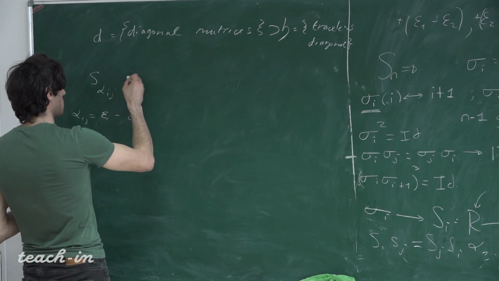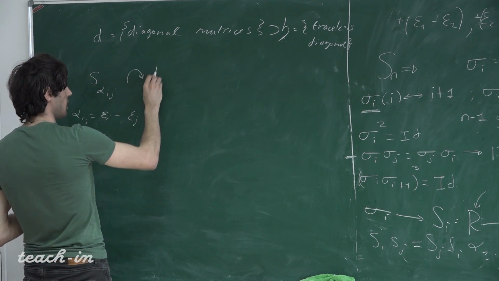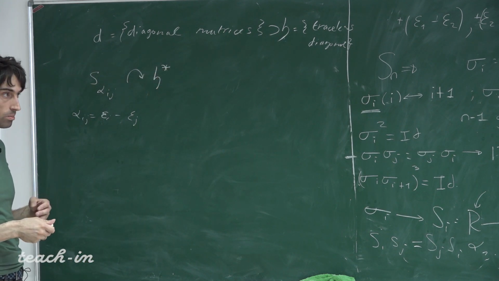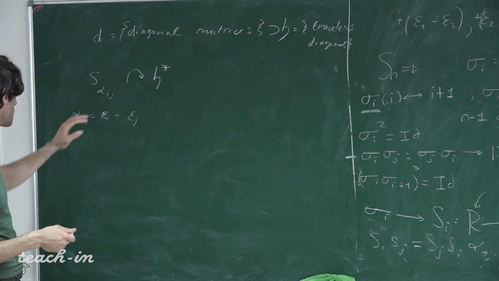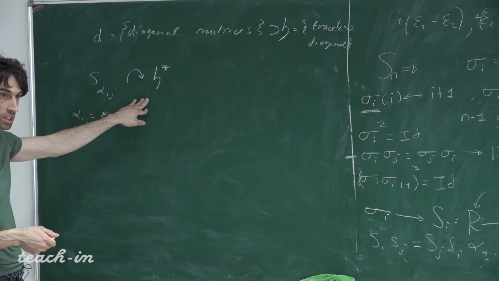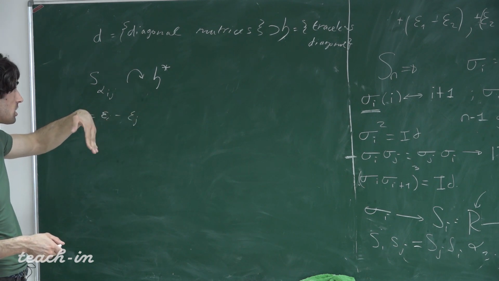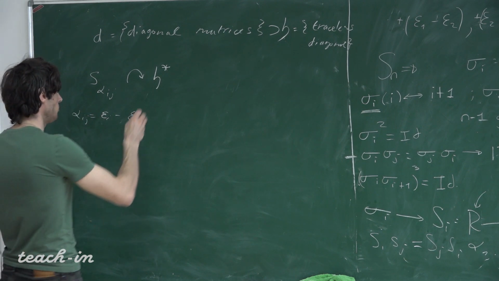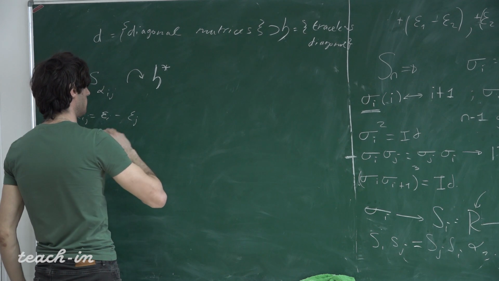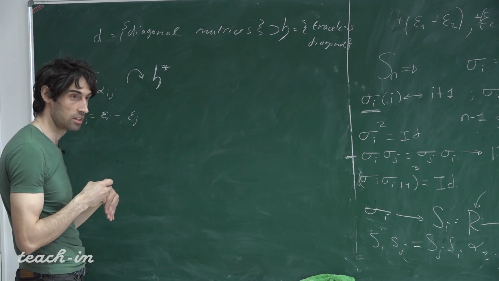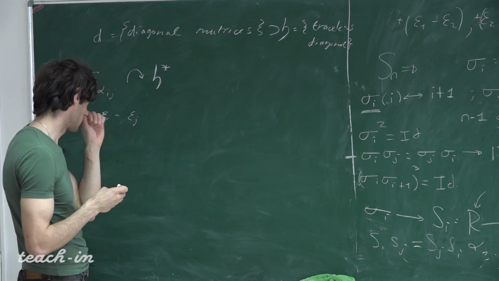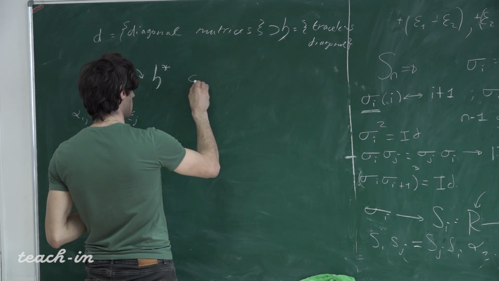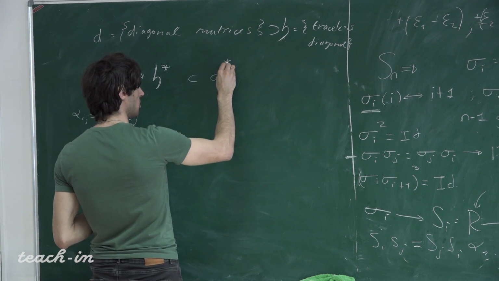It actually acts on H star, that's from general theory. But H star is some subspace in D star, so I have H star inside D star.